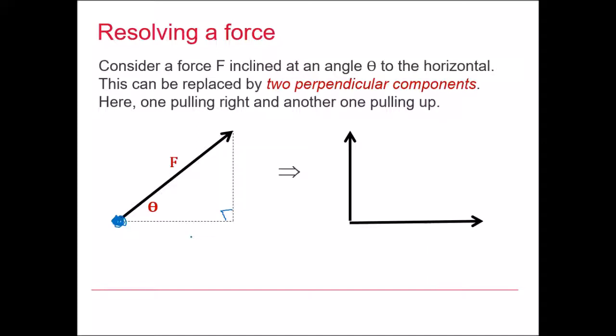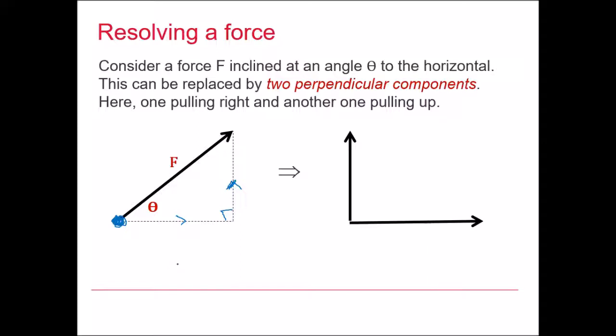The triangle rule for the sum of vectors says that the initial force F, which lies along the hypotenuse, can be replaced by two vectors which are in magnitude the same size as the sides of the triangle and directed along them, so that they follow each other around like that.